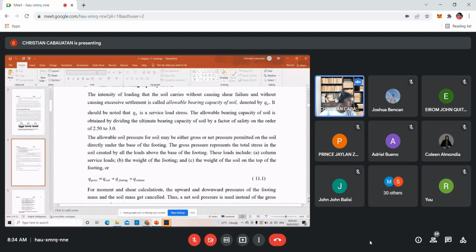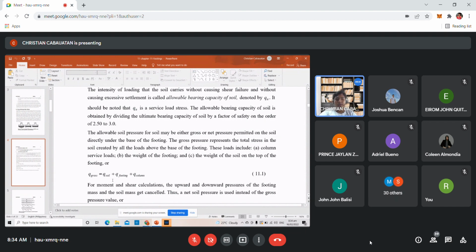So it could be derived as Q gross is equal to the bearing capacity of the soil plus the bearing capacity of the footing and plus the bearing capacity of the column.